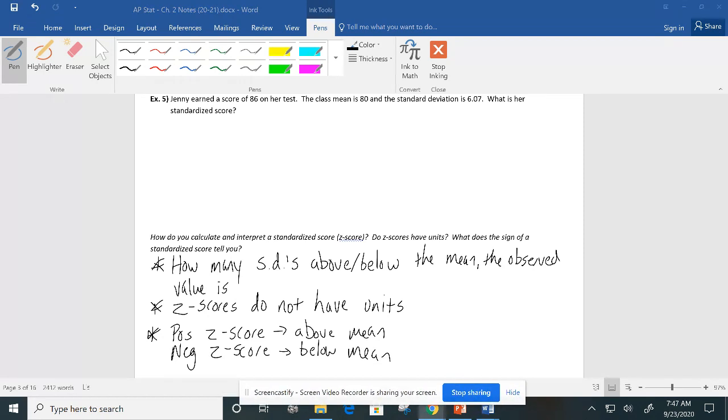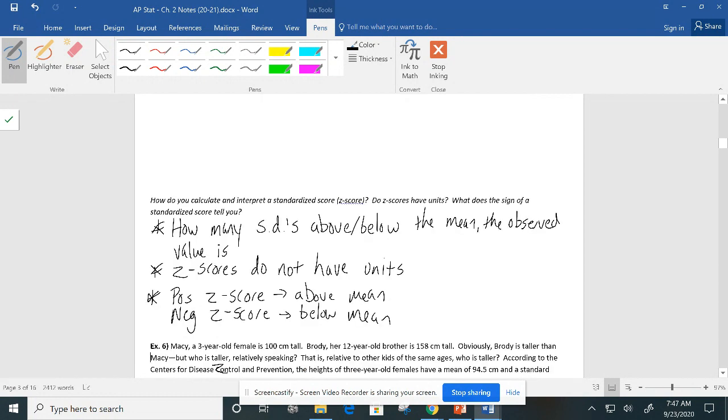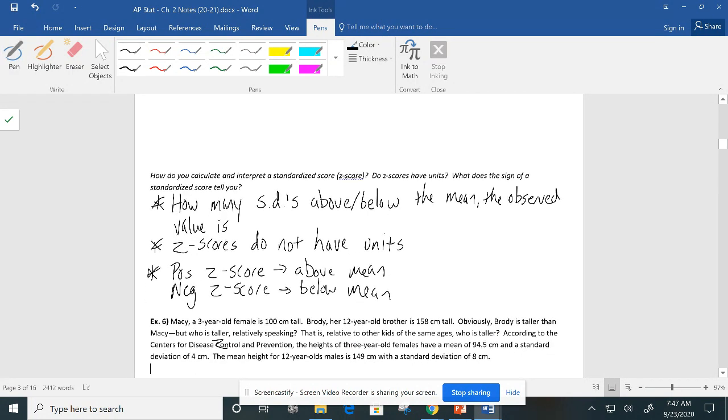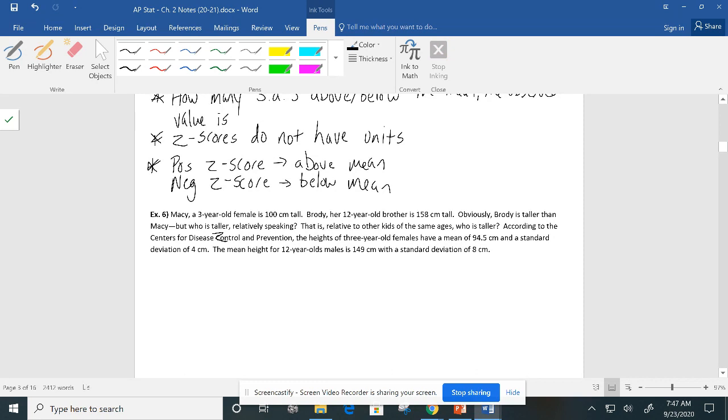And a z-score equal to 0 means that you are equal to the mean. You're exactly at the mean. So your z-scores can be positive, negative, or equal to 0.